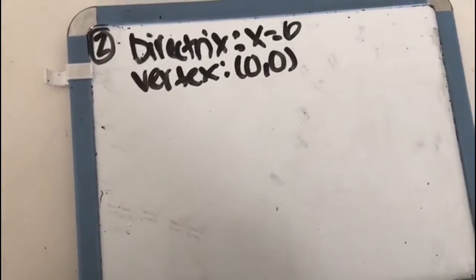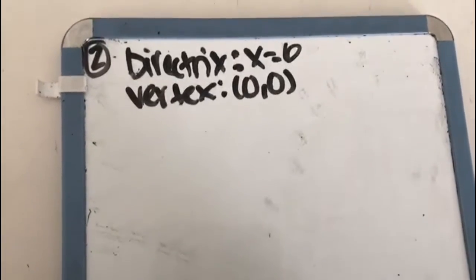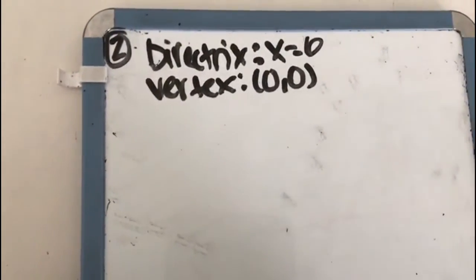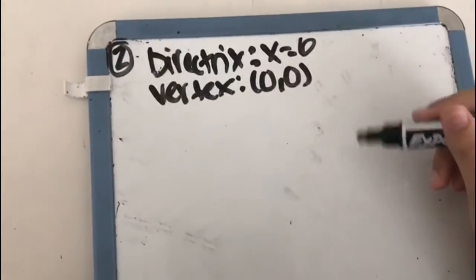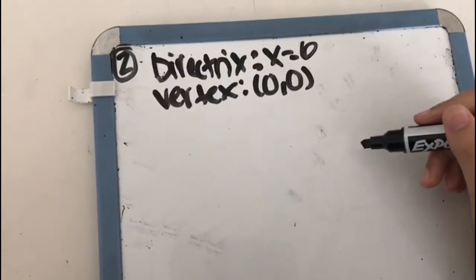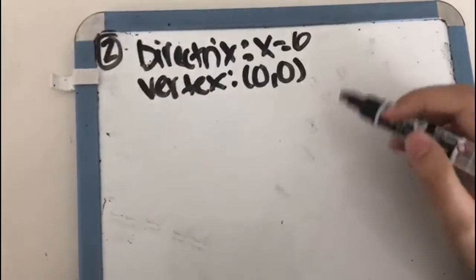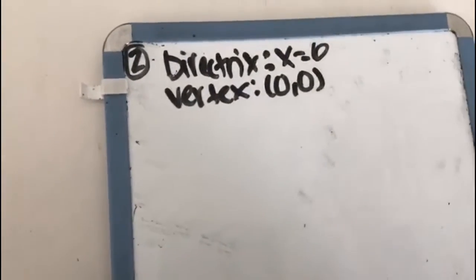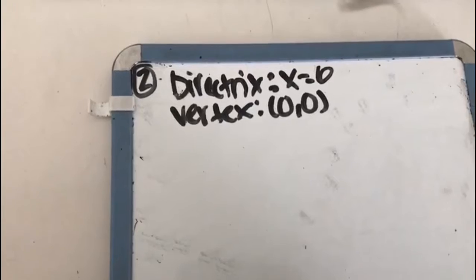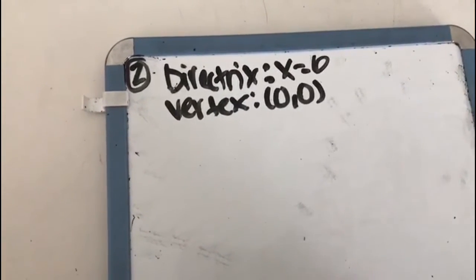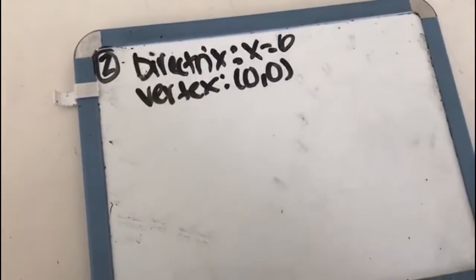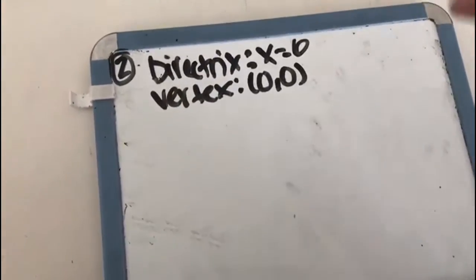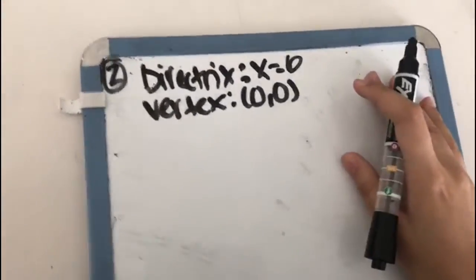Okay, so this is the second problem, and this problem actually involves the directrix now instead of the focus, and it also involves the vertex. So a little complicated, but not that complicated when you understand what it means. Remember that the directrix is the fixed line of the graph, and the vertex is just the vertex on the graph.